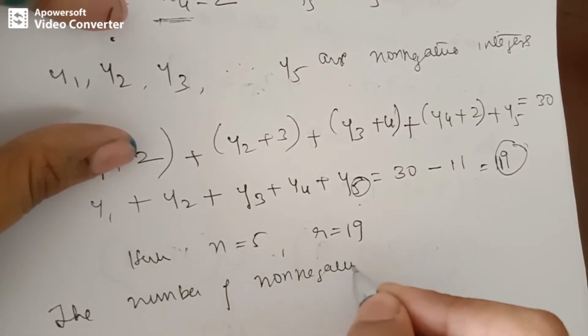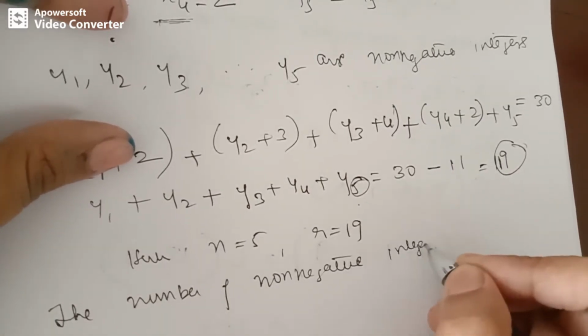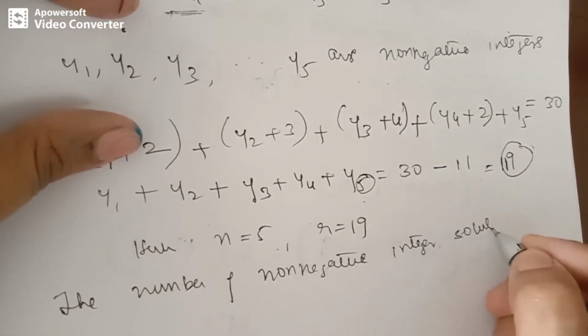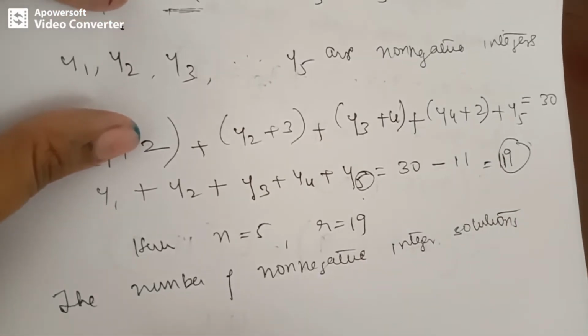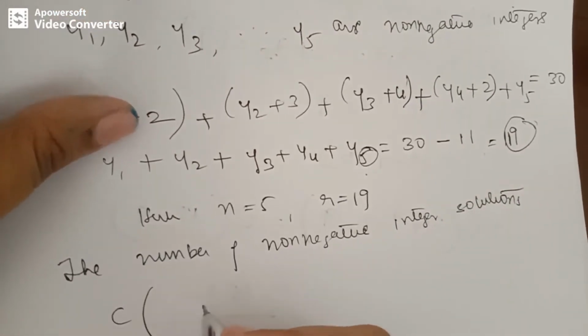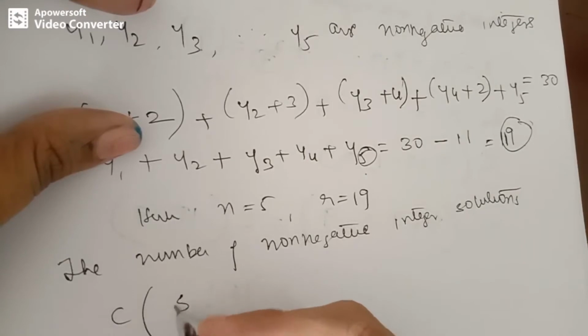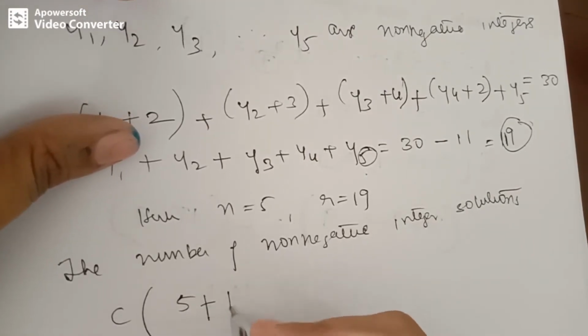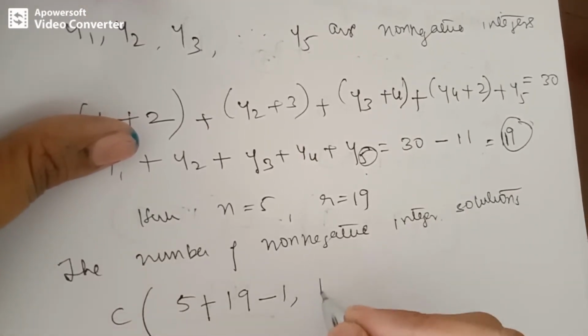Okay, r is 19. So now we can compute the number of non-negative integer solutions of the equation, which is given by C of n plus r minus 1, comma r, that is C of 5 plus 19 minus 1, comma 19.